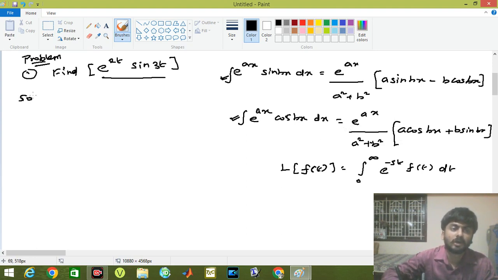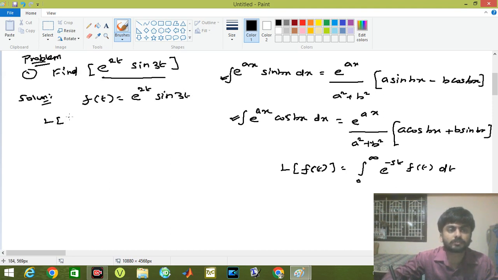So here comes the solution. Count the steps and count the number of formulas we want to keep in mind. Now we have to write what is f of t: f of t equals e power 2t into sine 3t.